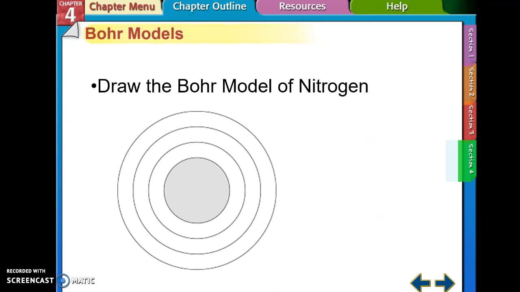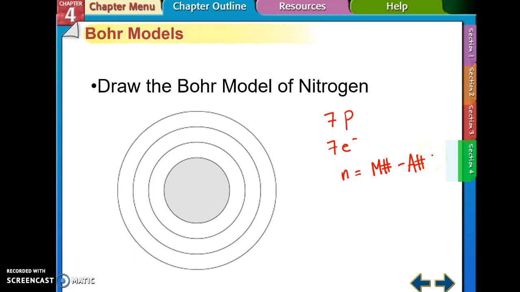And that's the Bohr model for hydrogen. Now, if I were going to draw the Bohr model of nitrogen, I find nitrogen on the periodic table, and nitrogen has an atomic number of 7. So that means it's got 7 protons, it's got 7 electrons, and then to figure out my number of neutrons, I'm going to do the mass number minus the atomic number.